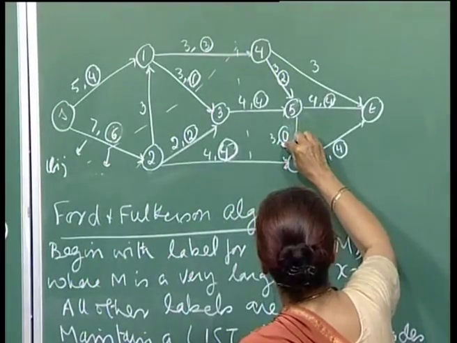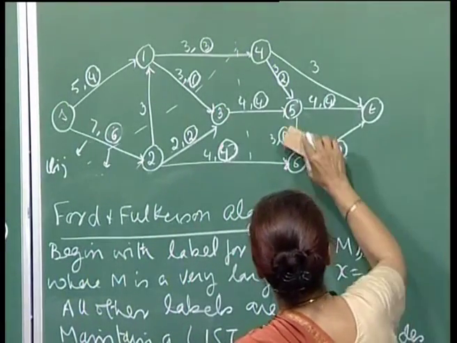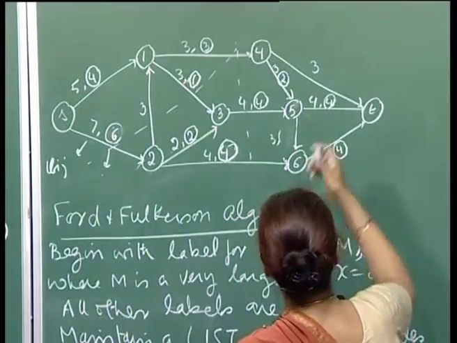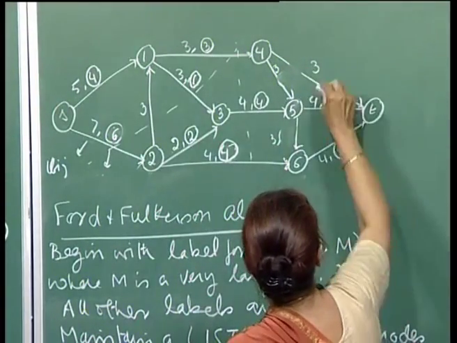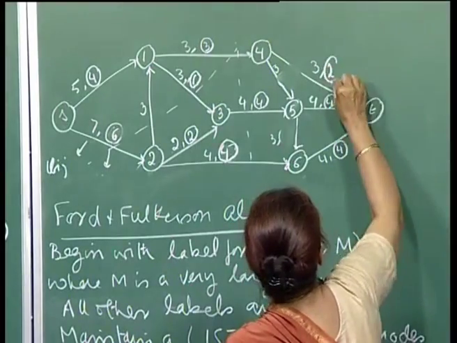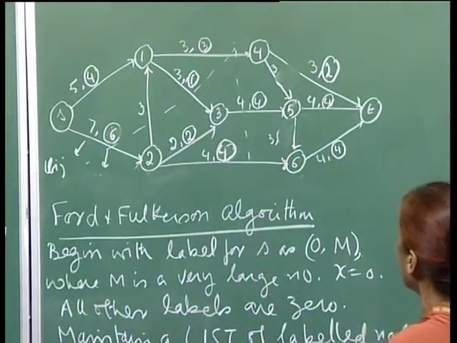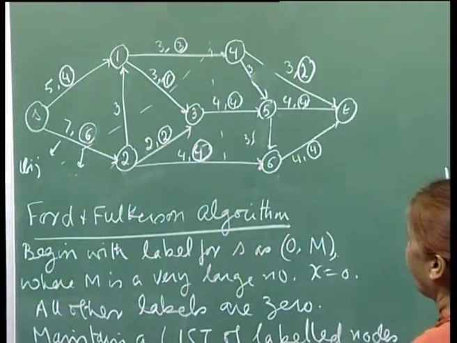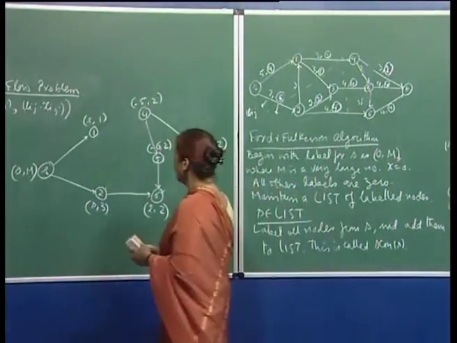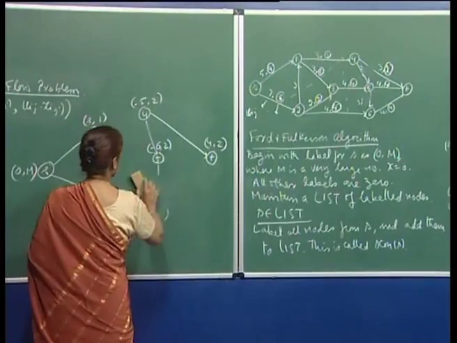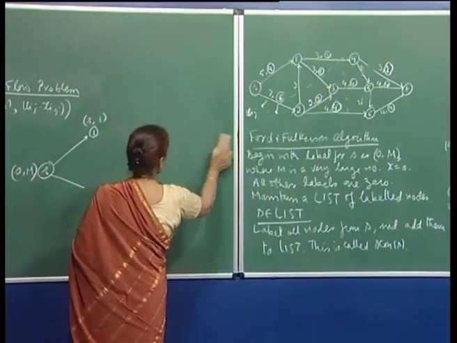There is no point writing a circle here, because we are not talking of a basic feasible solution or anything. And then here this is 2. Okay. This is how I update my flow. Okay. So, all labels are erased. Now, I will start again, and let us see what will be my labeling scheme.